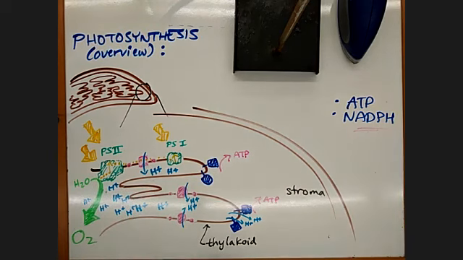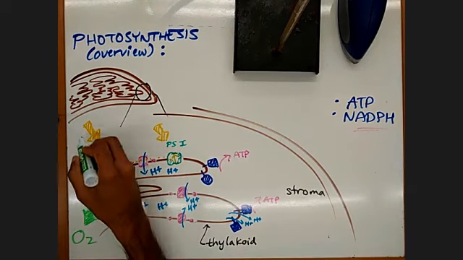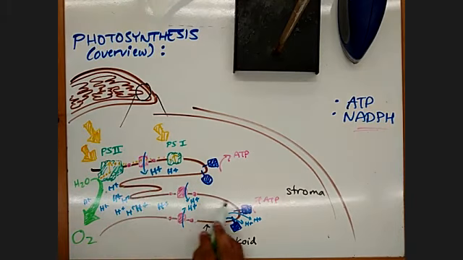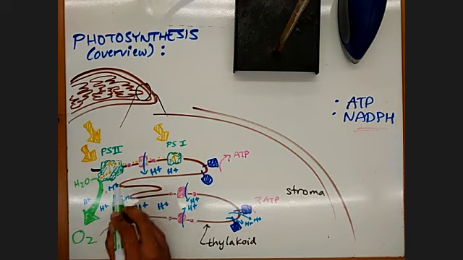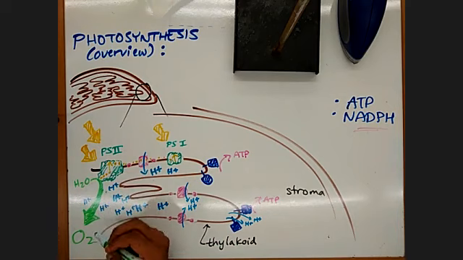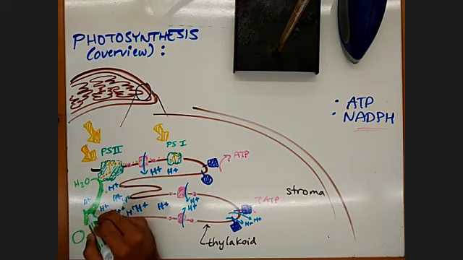So to overview, light reactions. Light is absorbed by photosystem 2. All of these reactions are happening on the thylakoid membranes, the folds of the inner membranes of the chloroplast. The light at photosystem 2 is used for two reactions. The first reaction is to rip water apart and extract its electrons.